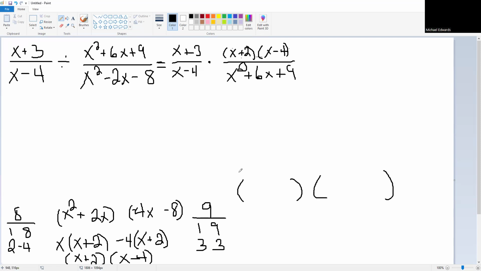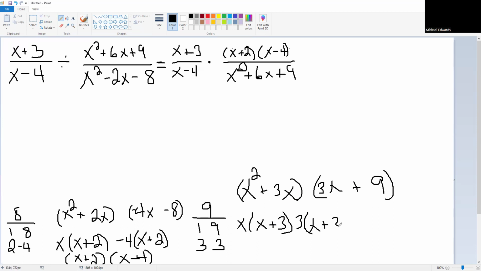As our x squared and our 9 at the end, and then our 3x and our 3x, and everything is happy and positive. So we'll pull out an x here, and that will create an x plus 3 situation, and we'll pull out a 3 here, and that will create an x plus 3 here.